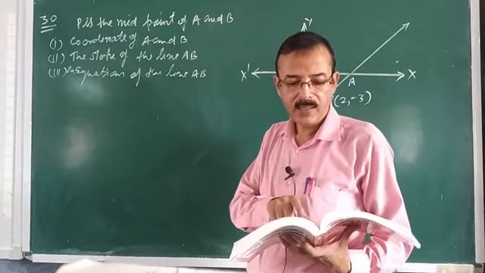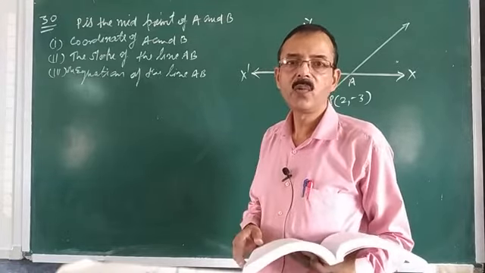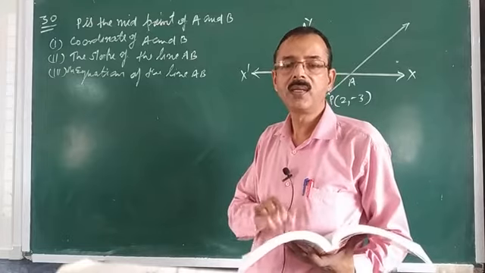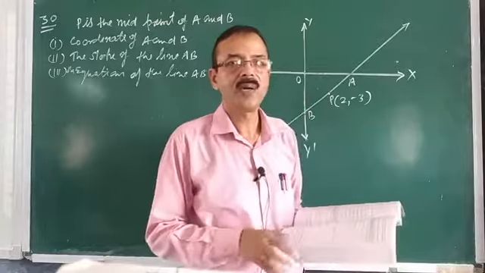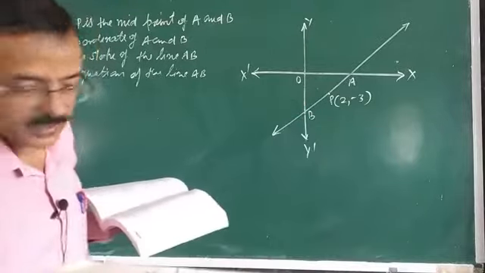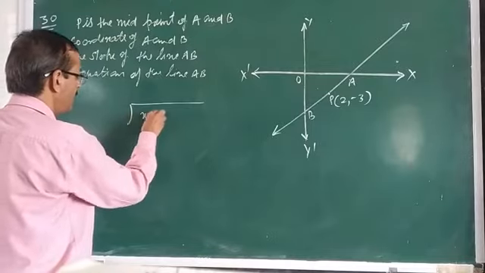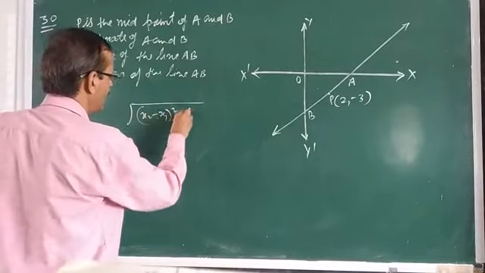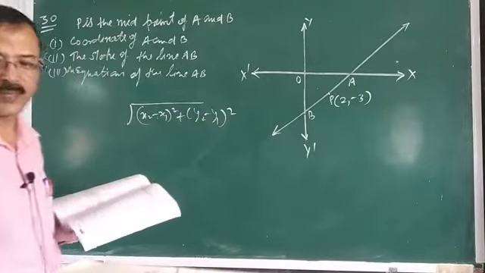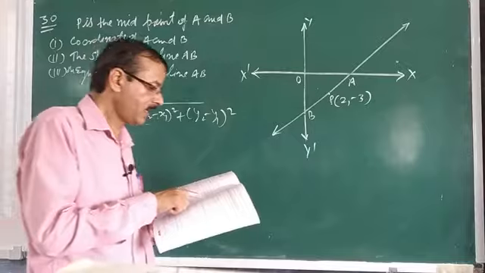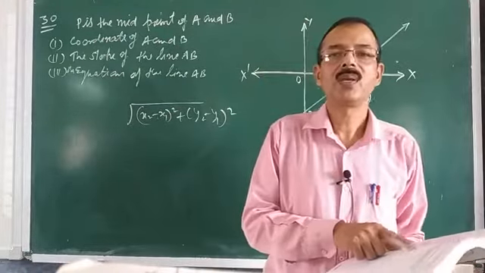And then it asks for the length of diagonal BD. After getting D, there will be 2 points B and D. Then you have to find the distance by the distance formula, square root of (x2 minus x1) whole square plus (y2 minus y1) whole square, to find the length of BD.